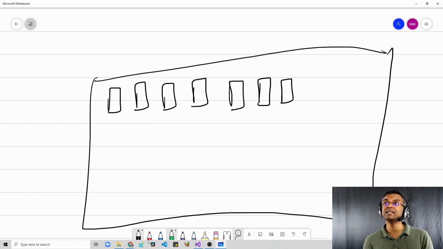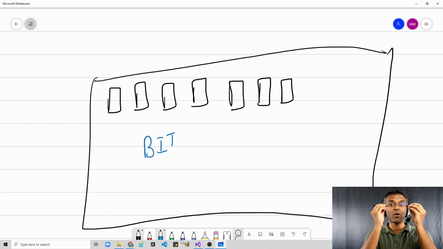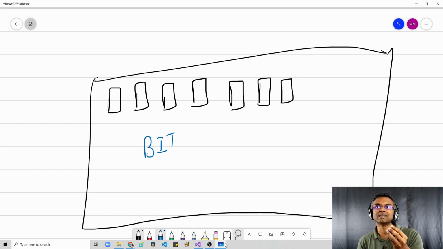Now each of these tiny switches inside of the computer is what we call a bit. A bit is the smallest piece of data that can be stored inside of a computer, which is either on or off, right? Because it's just a machine, right? So this is a bit, this is a bit, this is a bit, this is a bit. Each of these tiny switches is called a bit.